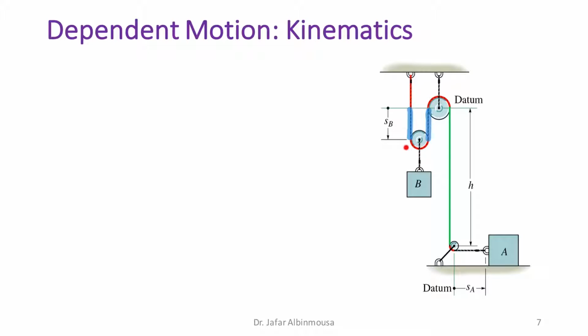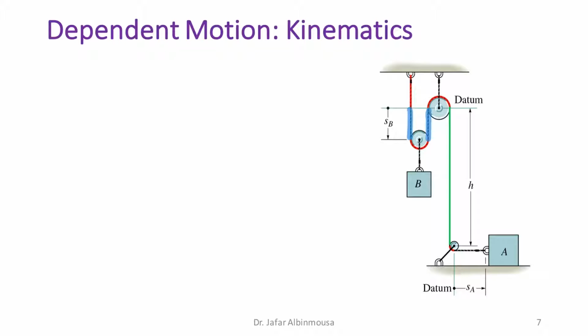So this length will get longer and longer, because the pulley will be moving. And what we did, we said that this datum is also established at a fixed point, because the pulley here is fixed to the wall. Then we can say that downward for B is positive and upward is negative.